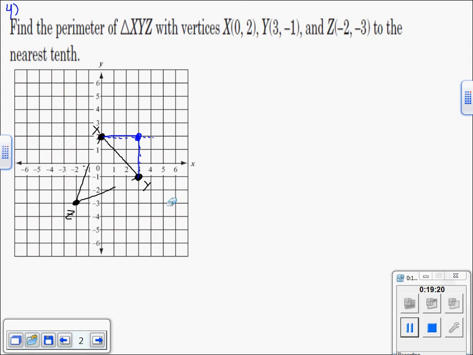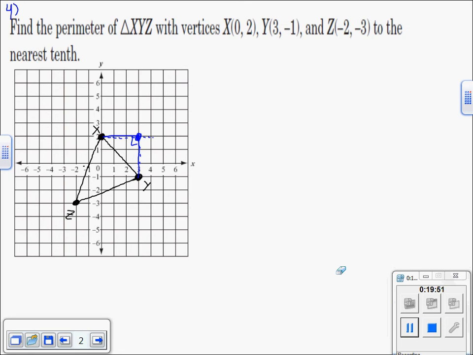If we do that right triangle method and we find the length of that side, that is going to tell us the length of this side. So if we then do that same process for the other two sides, so this one and this one, we're going to know the length of all sides. And once we know the length of all three sides, all we've got to do is add them together. So let's focus on just that side on the right. So I already drew the right triangle, and we see with the right triangle that we have.